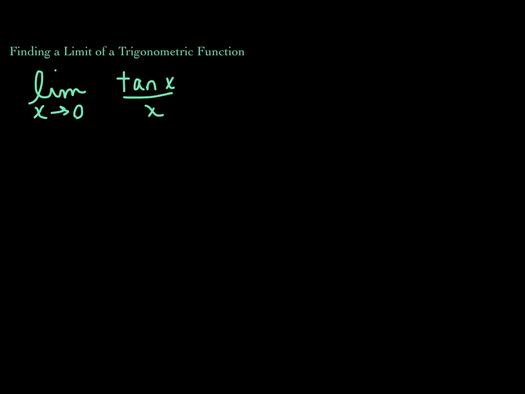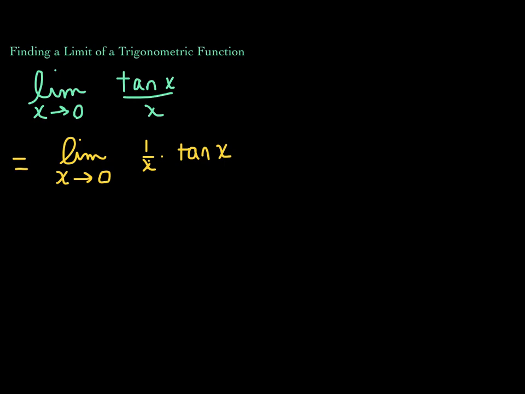All right. So what we can say is this is equivalent to the limit as x approaches 0 of 1 over x times tangent of x. Now, this is the product rule for limits here, okay?